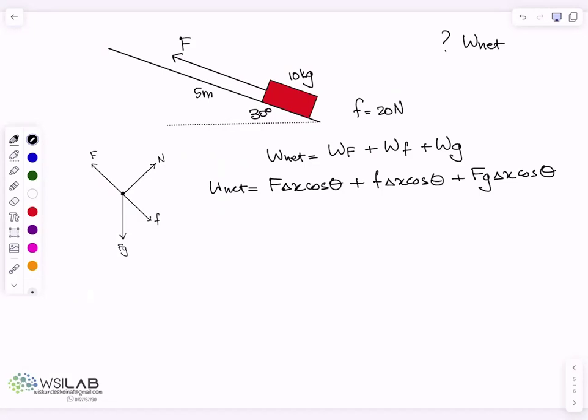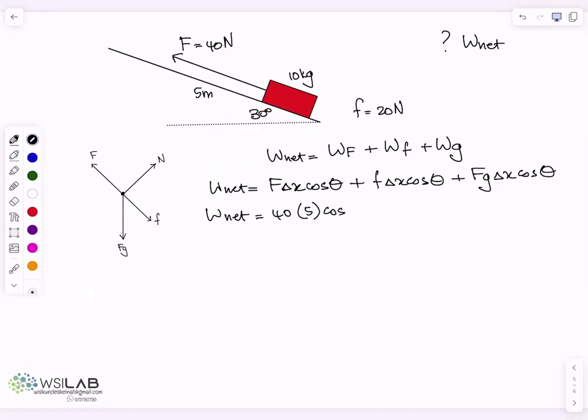I had to actually give you that force, otherwise you can't do it. So let's say that is 40 newtons. So the net work is the work done by the applied force over a distance, which is 40 newtons over 5 meters.